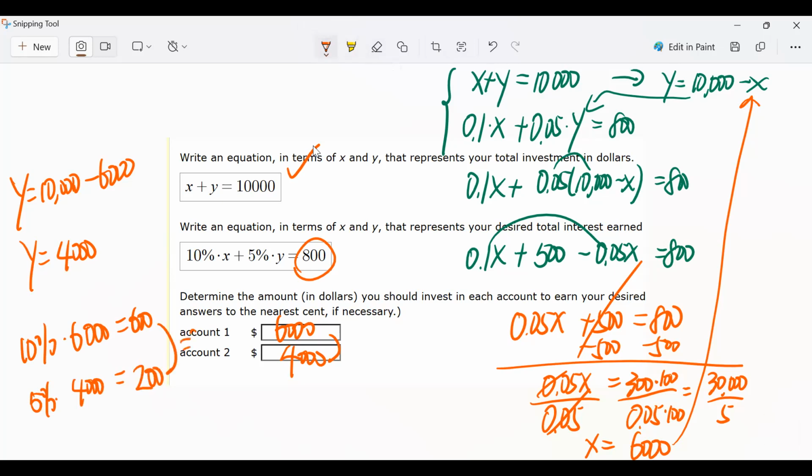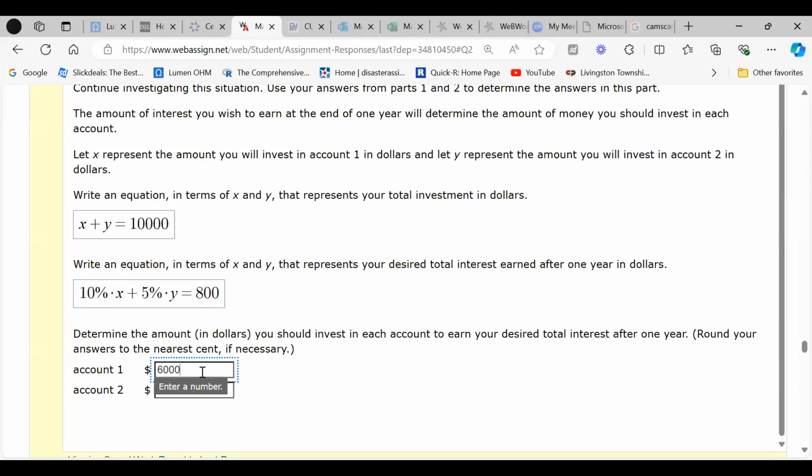Combine them, that's $800. That satisfies the second equation, so you can plug both answers into the two equations. If both are satisfied, then you have the correct answer. So in this case, it will be $6,000 and $4,000. Okay, any question about this?